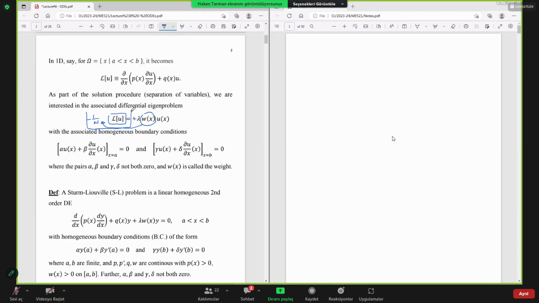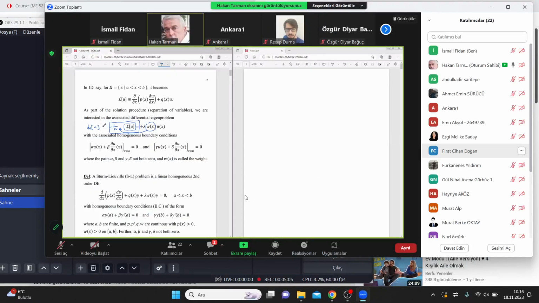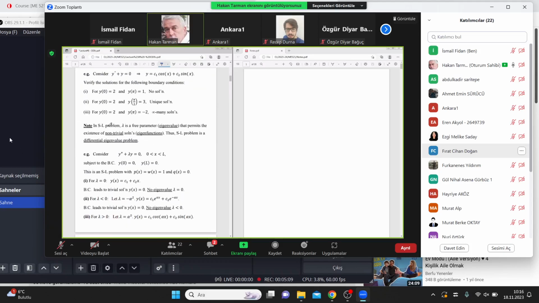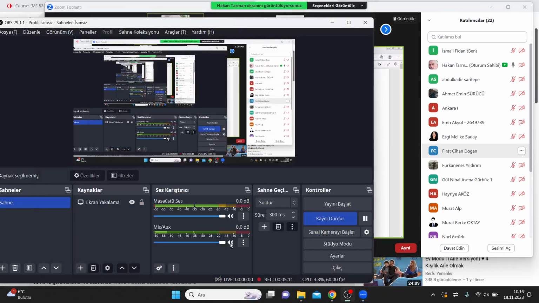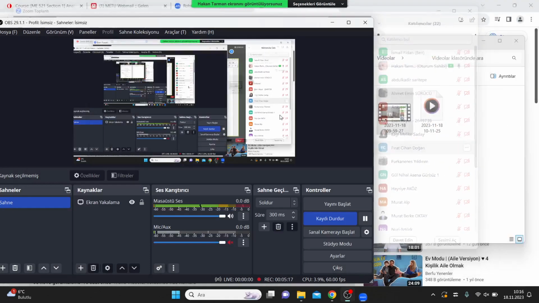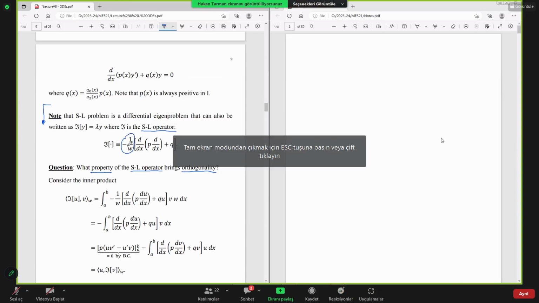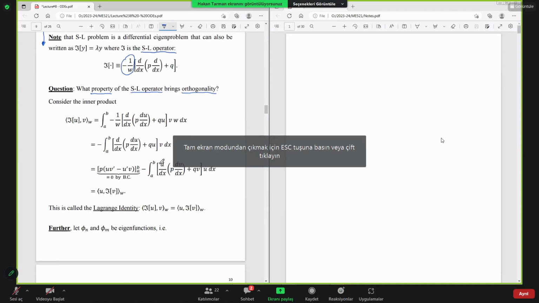And I'm going to define this as my Sturm-Liouville operator. Now, this is just a minor readjustment. So that's where this is coming from. You see, there is this piece here added to it.